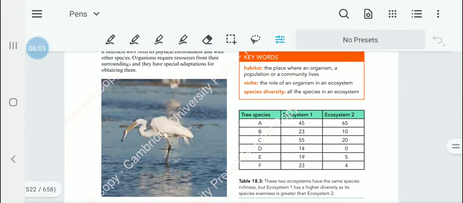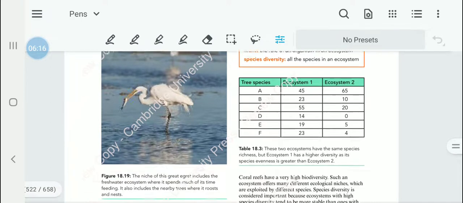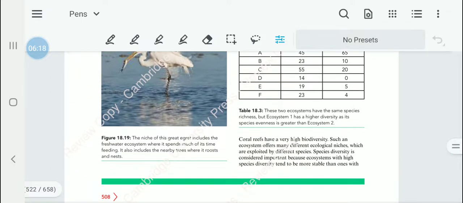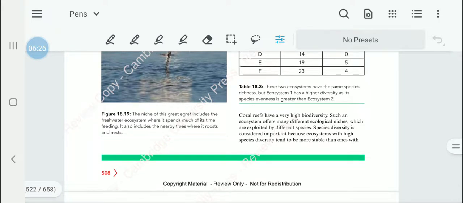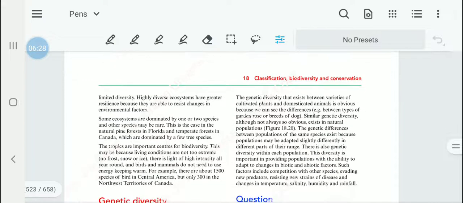Two ecosystems would have the same species richness if the same species are found in both of them. However, if the numbers are evenly distributed in one of them, its biodiversity is greater than the other.